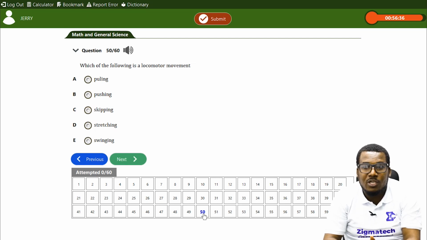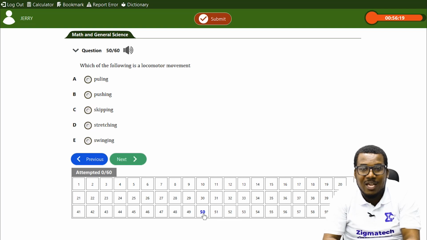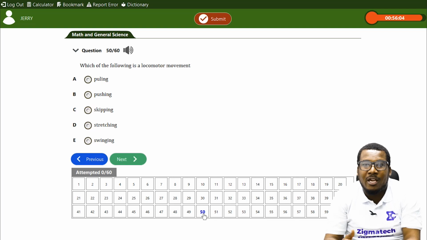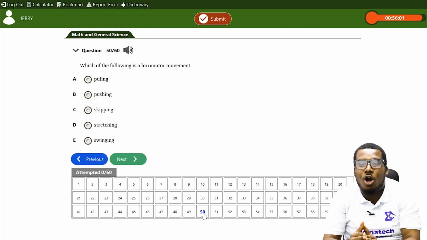So, whenever you see questions like this, remember to get familiar with all the body movements as they relate to the locomotor, the creative rhythmic activities: skipping, jogging, balancing, galloping, hopping, running, walking, all of them.